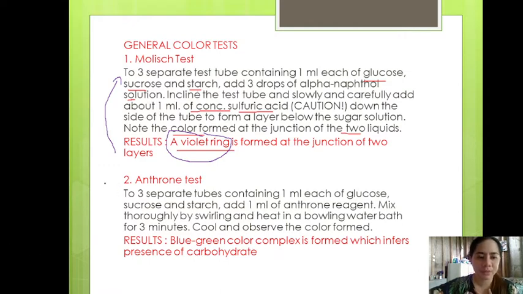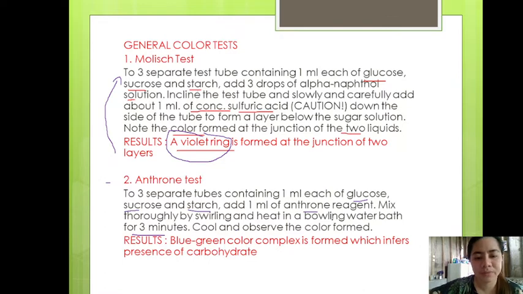So, number 2, the anthrone test. You have to have 3 separate tubes containing 1 ml each of glucose again, sucrose, and starch. Add 1 ml of anthrone reagent, mix thoroughly by swirling, and heat in a boiling water bath for 3 minutes.